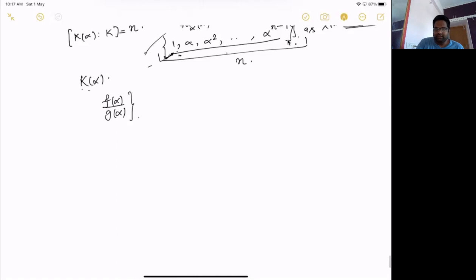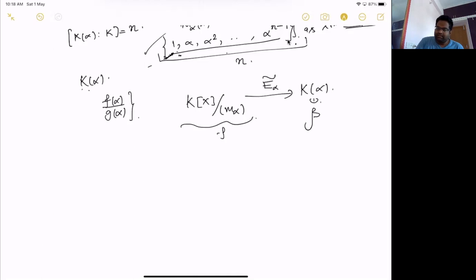Instead of doing that, you use the previous theorem, which says that k of alpha is isomorphic to this ring. And therefore, if you pick any element in here, there exists some polynomial f of x plus I, which maps into beta, i.e., beta is equal to f of alpha, where f is some polynomial.